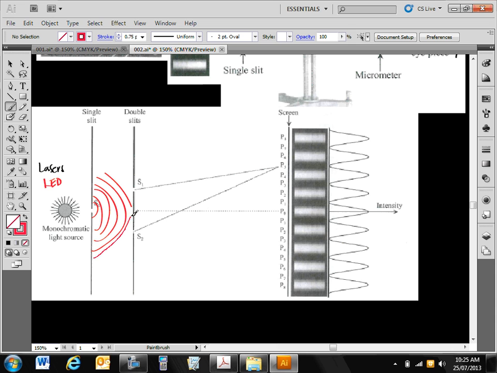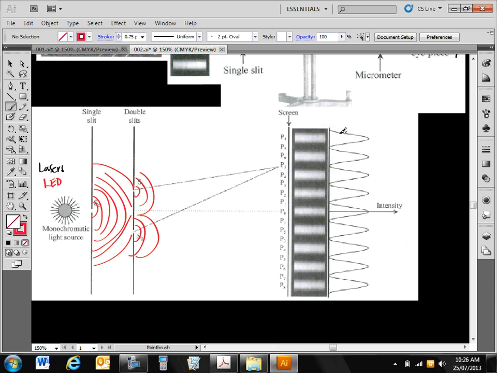I know I've not drawn this very well, but they hopefully fall on this slit at exactly the same time as this slit, and then we'll have light diffracting through and interfering in these regions through here to form an interference pattern on the screen.